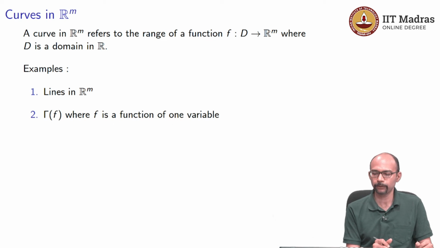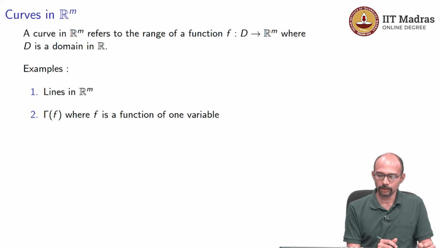Gamma of f, where f is a function of one variable. So, this is a curve. In fact, we did talk about general curves, at least in R2, when we were talking about tangents earlier. Okay. So, gamma of f, where f is a function of one variable, this is a curve in R2.